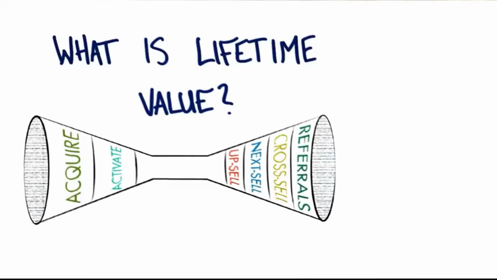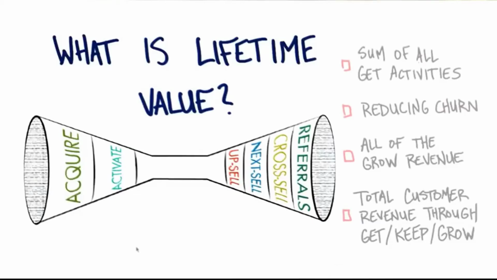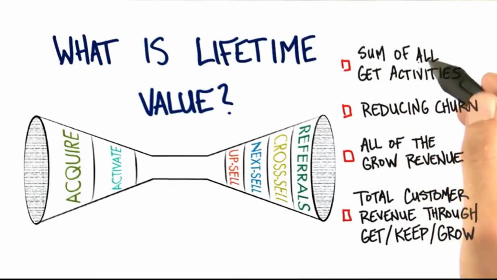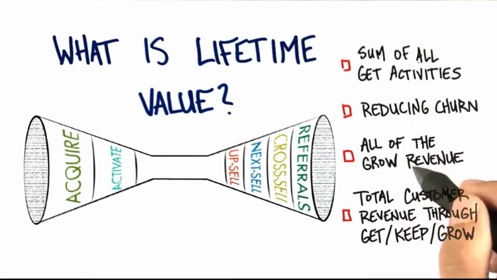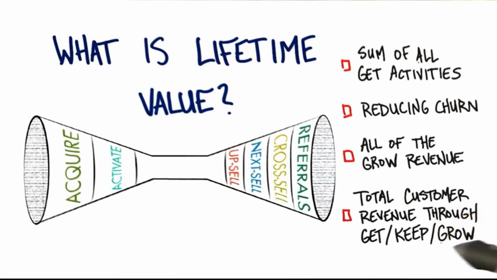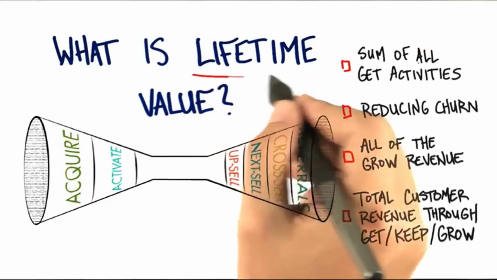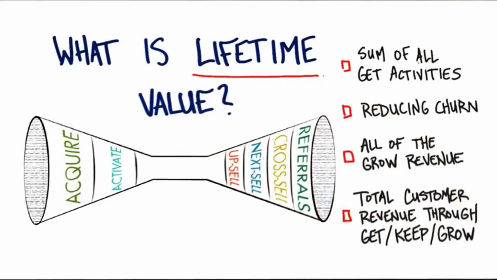So the question is, what is lifetime value? Is it the sum of all get activities? Reducing churn? All of the grow revenue? Or is it the total customer revenue through get, keep, grow? So customer lifetime value is exactly what it sounds like.